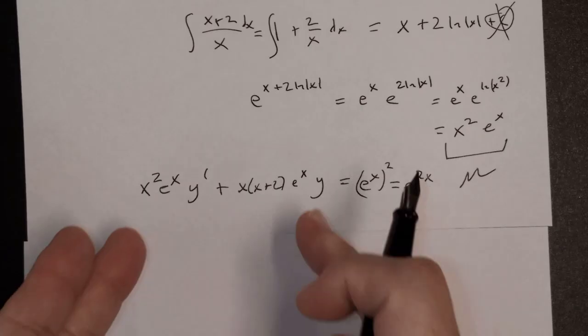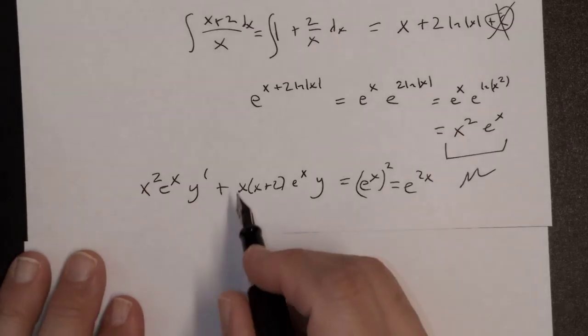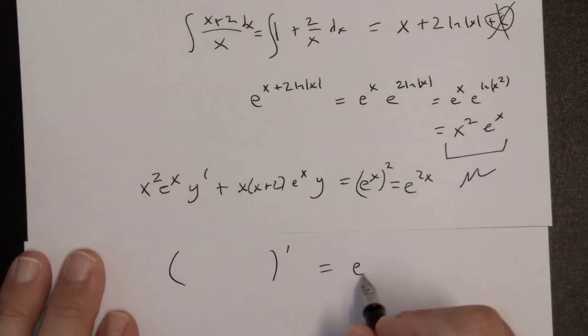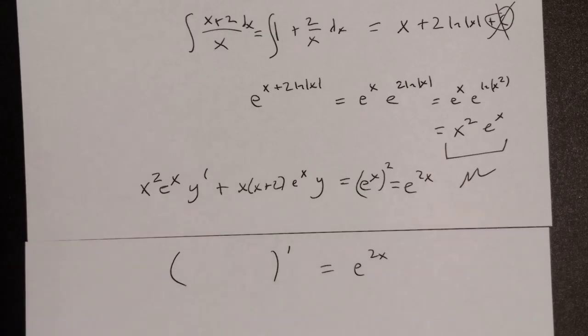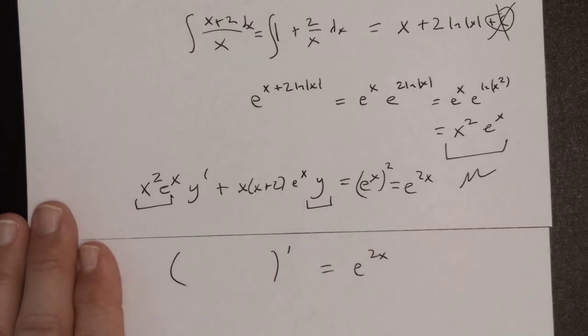But on the left-hand side, this is now product rule, which means this is something prime equals e to the 2x. What goes inside that set of parentheses? Exactly. The integrating factor and the y.